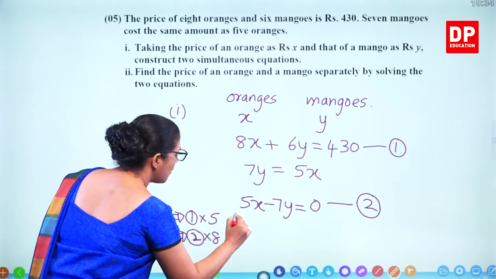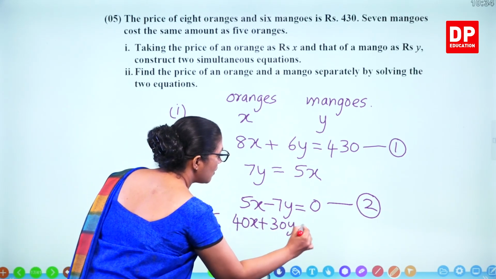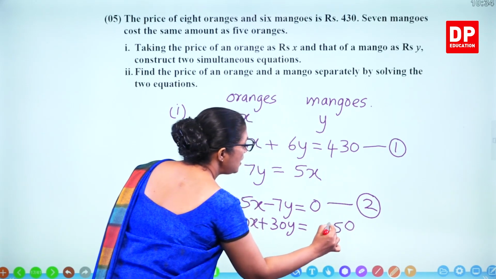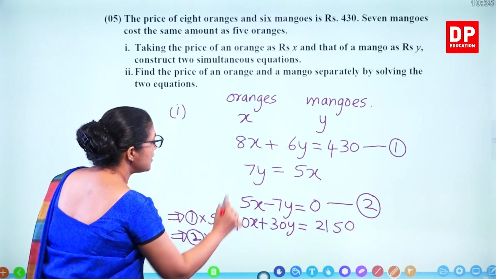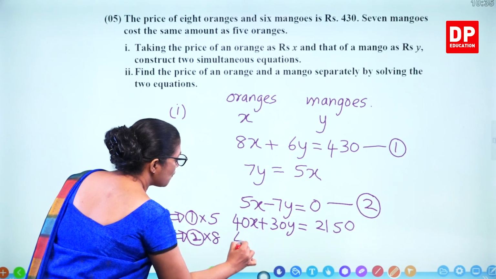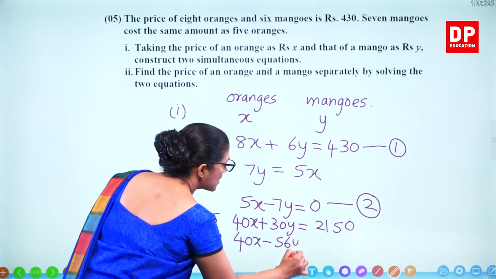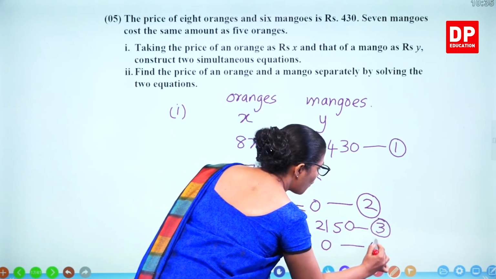Multiply by 5: 40x plus 30y equals 2150. Multiply this by 8: 8 times 5, 40x, minus 56y equals 0. So this is the third one and this is the fourth one.